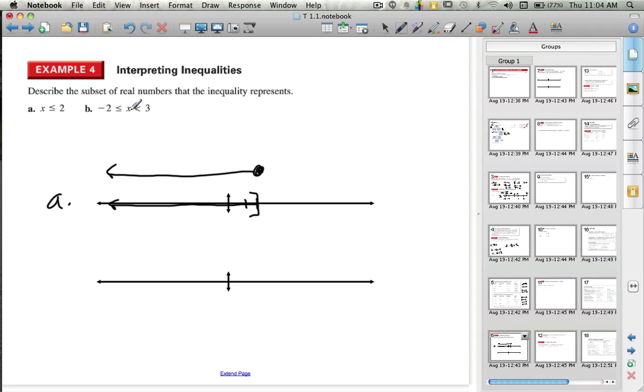And here, x is greater than or equal to negative 2, so let's do negative 2. Or equal to would be a hard bracket or a closed dot. And it's less than 3, 1, 2, 3, so that would be an open dot or a curved bracket. All right, so that's in either of the forms, and by this I'm sure you know how to do these things.